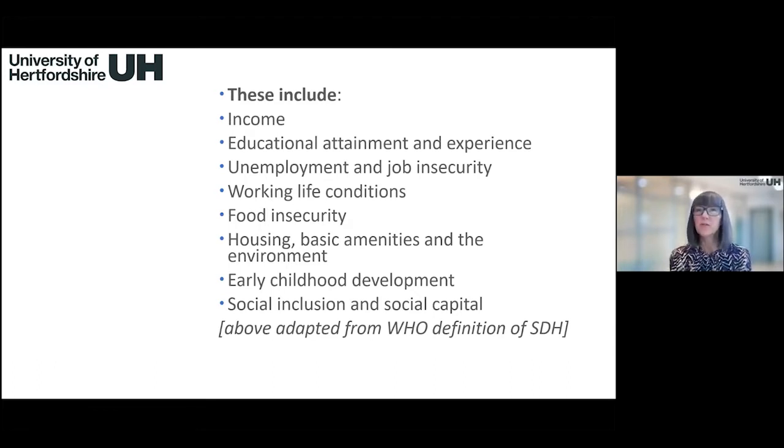Social determinants are really challenging to address. Those factors on the screen are obviously so broad-reaching. So interventions that might seem to be effective overall are often found to compound or even worsen health inequalities. And this might be, for example, that people from a lower socioeconomic position are less able to engage with an intervention, or it might not appeal to them. This really can't be ignored.